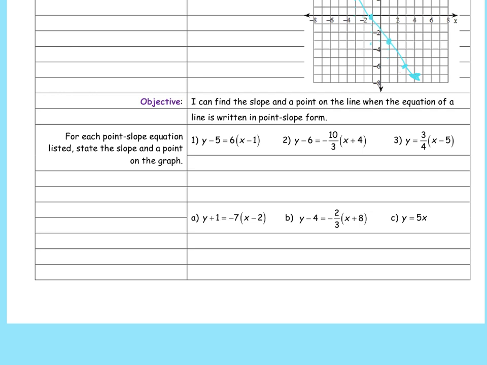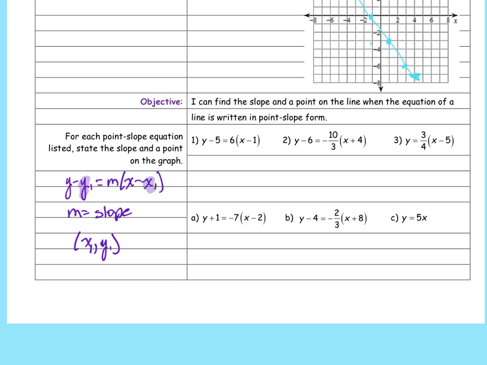So remember my equation, I'm going to write it again, is y minus y1 equals m times x minus x1, where m is my slope, and x1, y1 is my point. So my point is this one and this one.